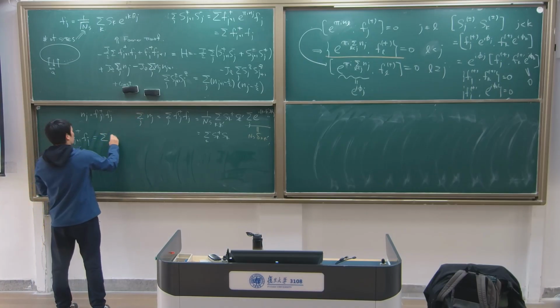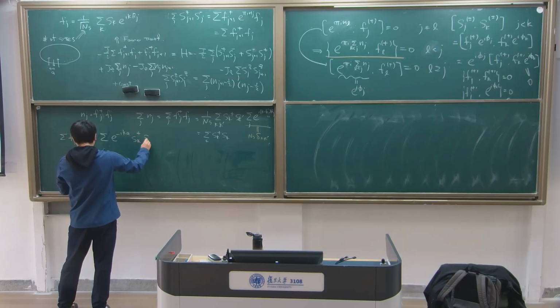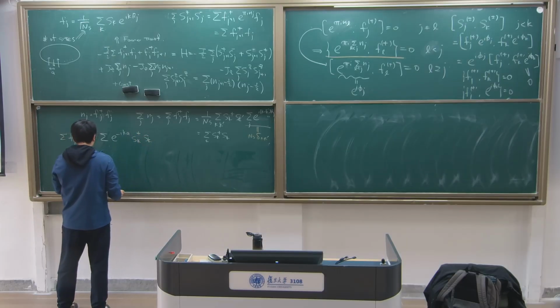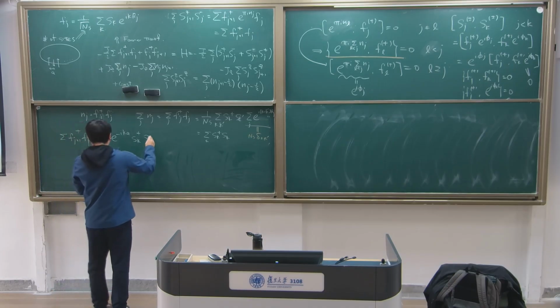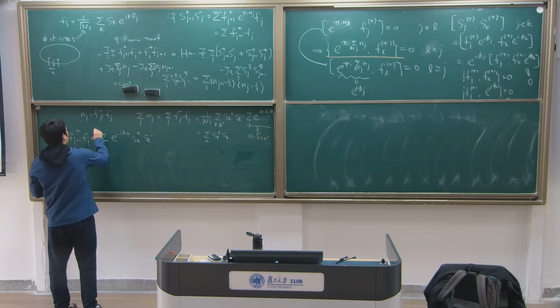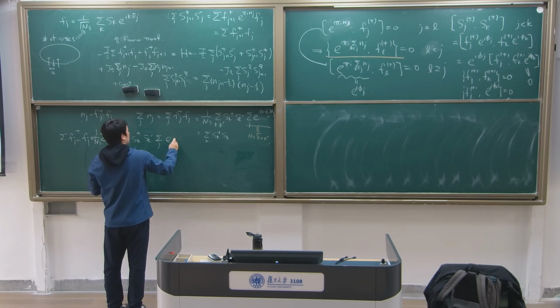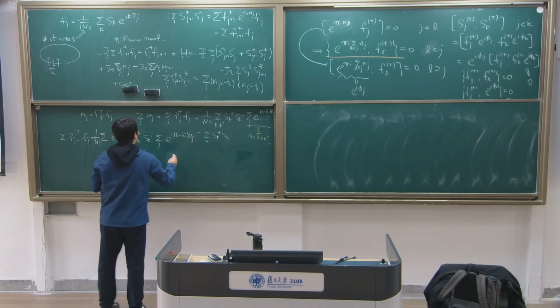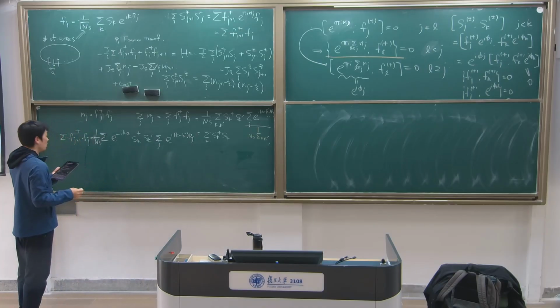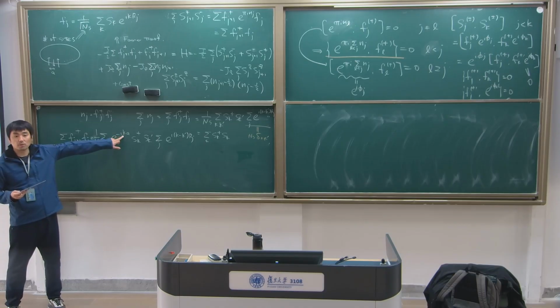If you use that rule, this gives e to the minus i k a, Sk dagger Sk prime, and it is the same thing. So it equals 1 over Ns times the sum over j of e to the i k j, because here you just shift by plus 1.